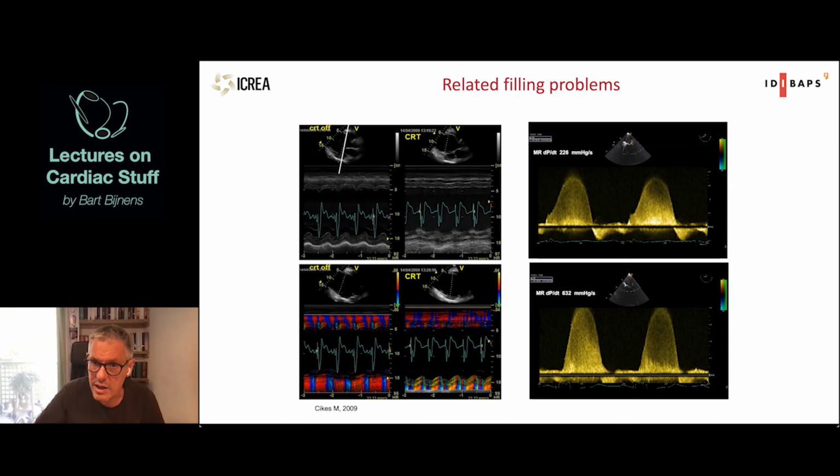And you see that here when we look at the mitral regurgitation. You see here at the onset of the QRS complex that we already have mitral regurgitation, which we will call diastolic mitral regurgitation or pre-systolic mitral regurgitation. This is actually before the aortic valve is opening. And then, because these are very dilated ventricles with often functional mitral regurgitation, we also have mitral regurgitation, of course, during the whole ejection period.